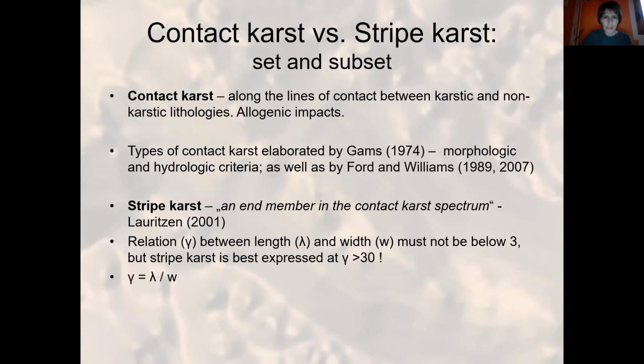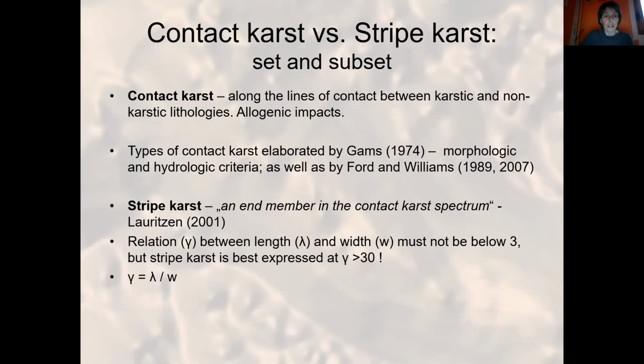Okay, so at the beginning there is some theory about the contact karst versus stripe karst, which is the relation. So it's actually set and subset. So contact karst is related to lines of contact between karstic and non-karstic lithologies, and it is characterized by strong allogenic impacts from non-karst to karst.